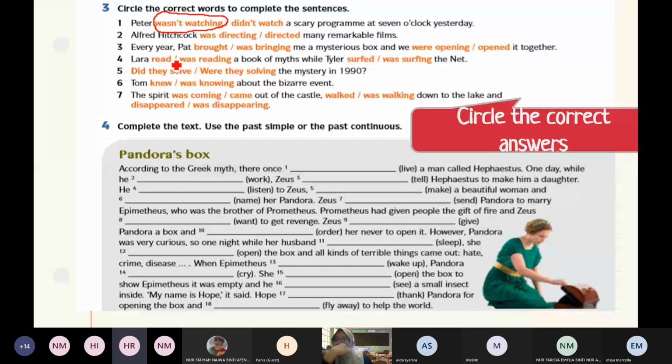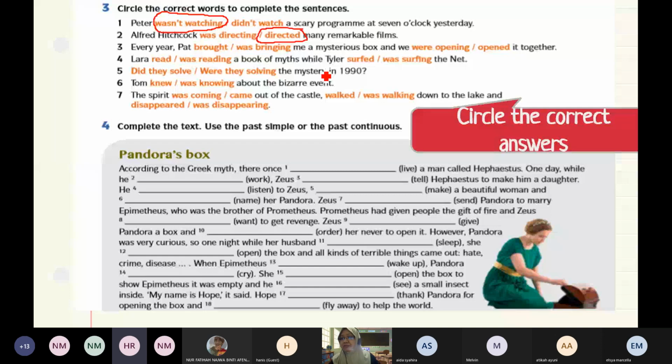The action has finished. The answer is directed. Yes, good. The second one is directed. The action has been completed, so you use past tense only.